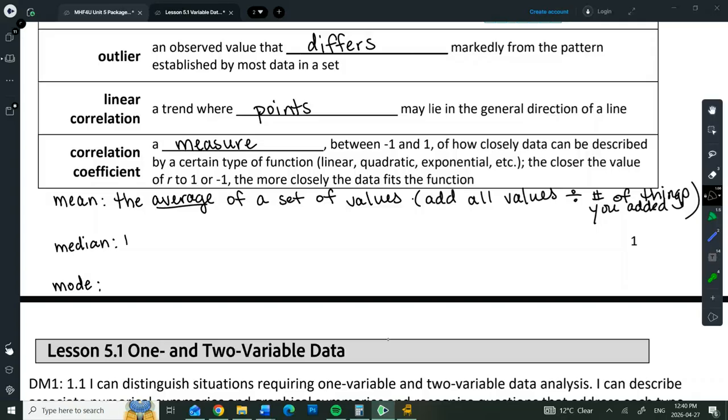All right, the median is essentially the middle of a set of data or values. So it literally separates the higher half of the data from the lower half of the data.